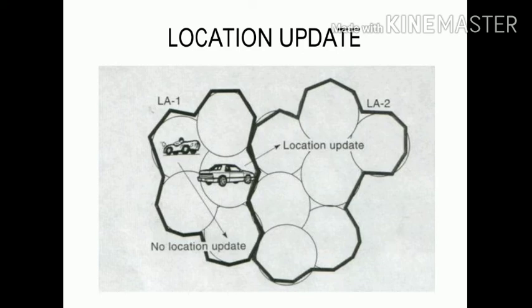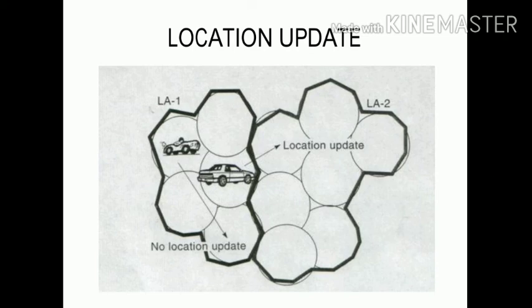The base station forwards the registration request to the MSC, which in turn updates the VLR, that is Visitor Location Register. The VLR adds the records of the mobile and forwards the request to the HLR, that is Home Location Register. The HLR performs authentication and stores the new VLR information.